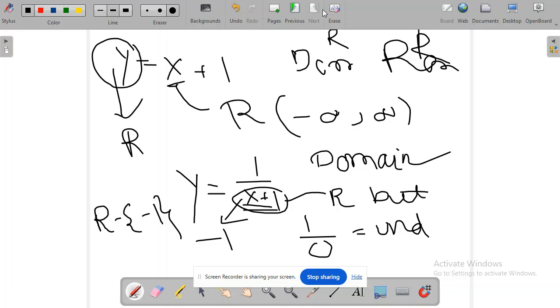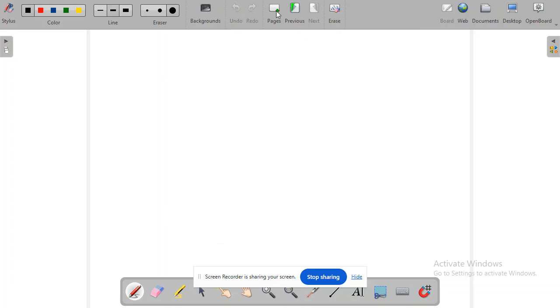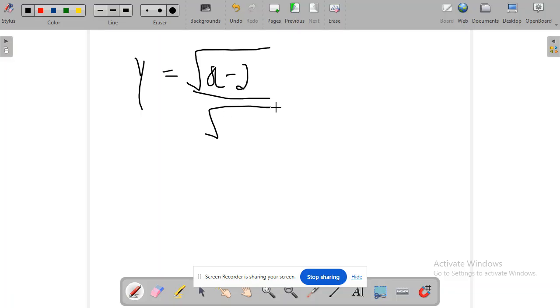So this is one of the cases that you must ensure. I'm teaching you the basics here. Now similarly, if I have a function y = root over (x - 2) divided by root over (x - 3), what is the domain?